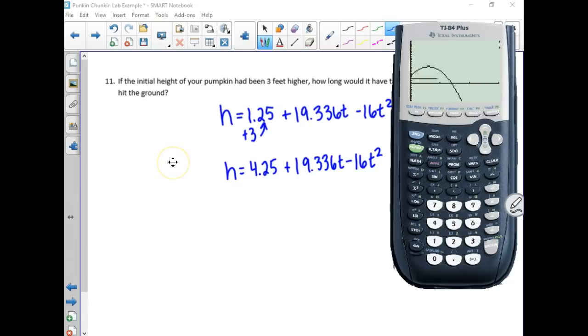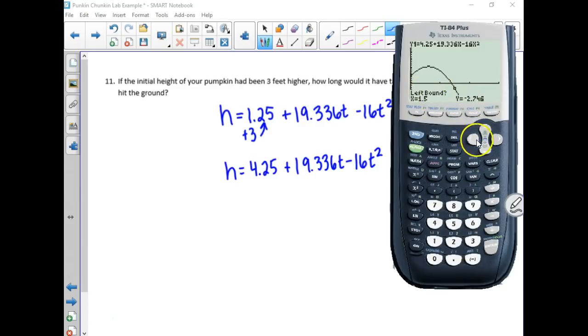This time I'm not looking for a maximum point. I'm looking for where the pumpkin hit the ground. So I'm looking for this point right here. In fact, let me take this 3 right here out so that that's not confusing us about where that x-axis is. I'm going to look right here where it hits the x-axis. That is a 0. So I'm going to go second trace, and I'm going to choose number 2, zero.